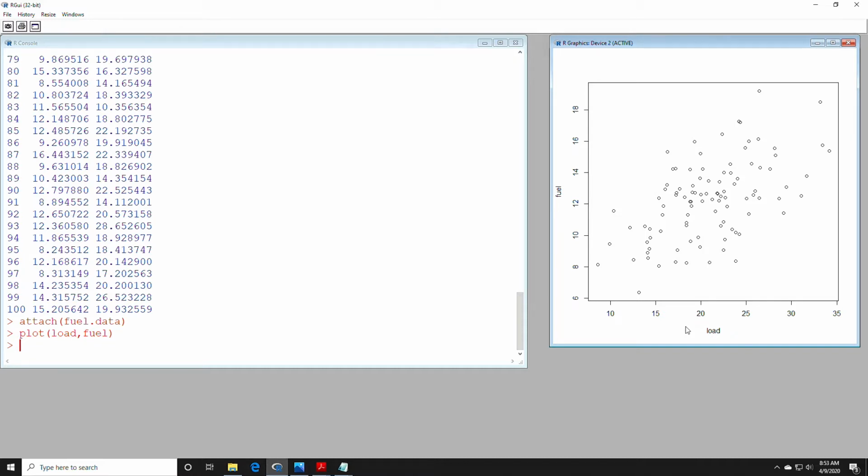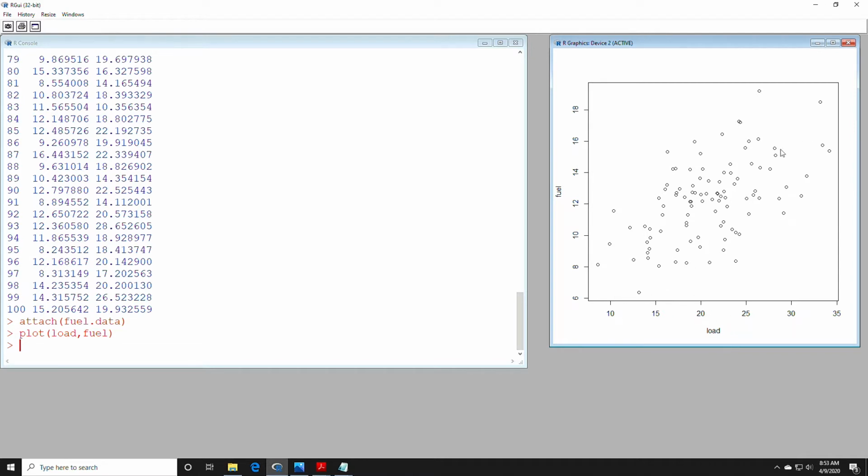However, they're not random. Okay, I say they're not random because if you notice, there's no points here and there's no points here. So as load weight goes up, so does fuel consumption. Although the relationship doesn't look super defined, like they don't all fall on a perfect straight line, there is a linear relationship.